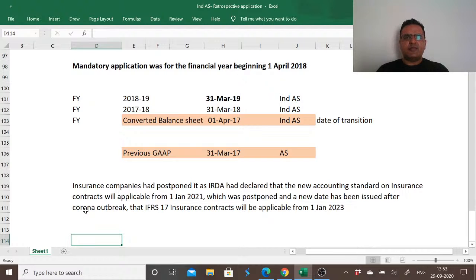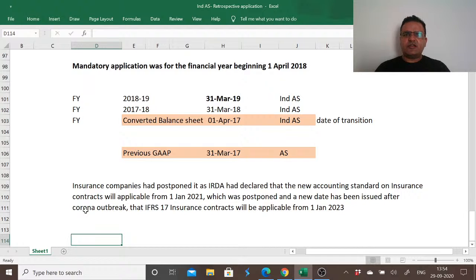So they decided they'll implement the new accounting standard IFRS 17, which will be known in India as Ind AS 117 insurance contracts, only when it is globally implemented. They will not be bothering themselves again and again by first implementing Ind AS 104 and then transitioning to Ind AS 117, which would be a cumbersome task for them.